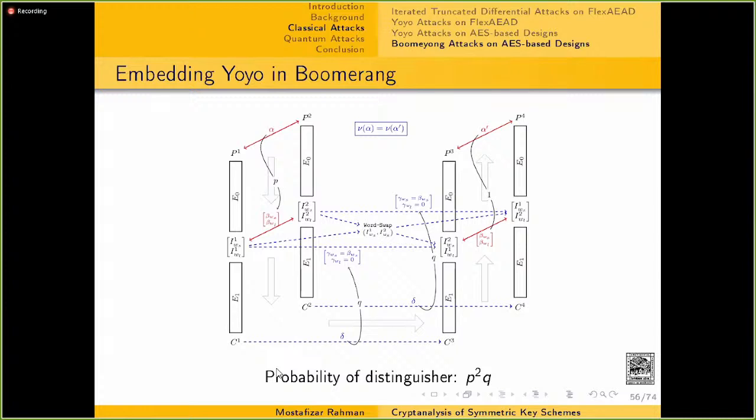So, sir, actually our E1 layer here is not only E1, it is actually a combination of EM and E1. That is another thing that I have also reported in this work: if we are able to distinguish these two parts, EM and E1, then we can penetrate more rounds.